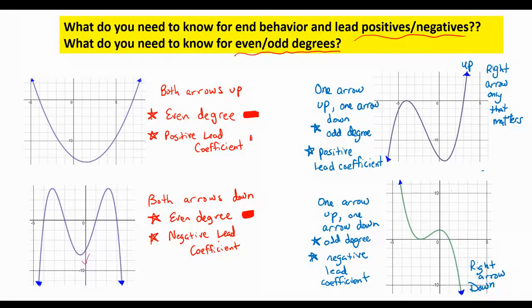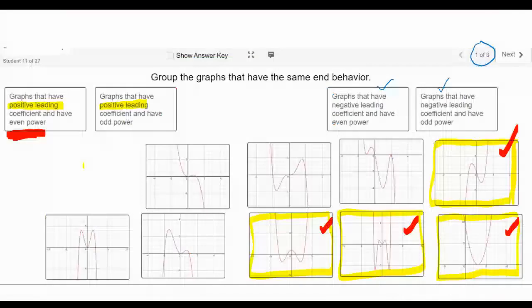When it has a positive lead, the pictures have both arrows going up. So positive lead, even power would not be this one. It would be these three at the bottom.